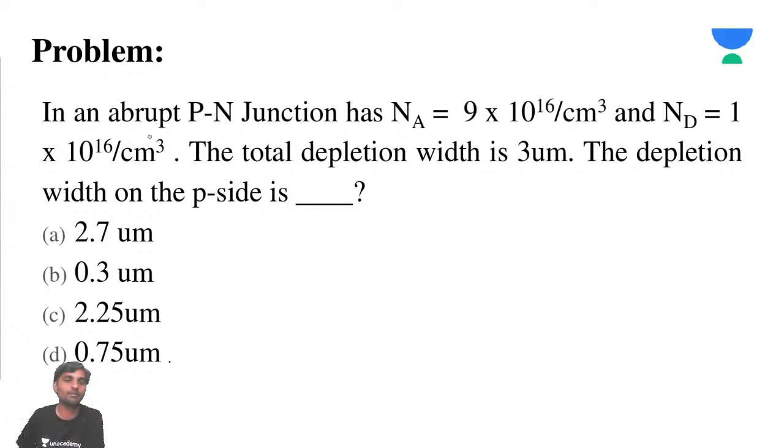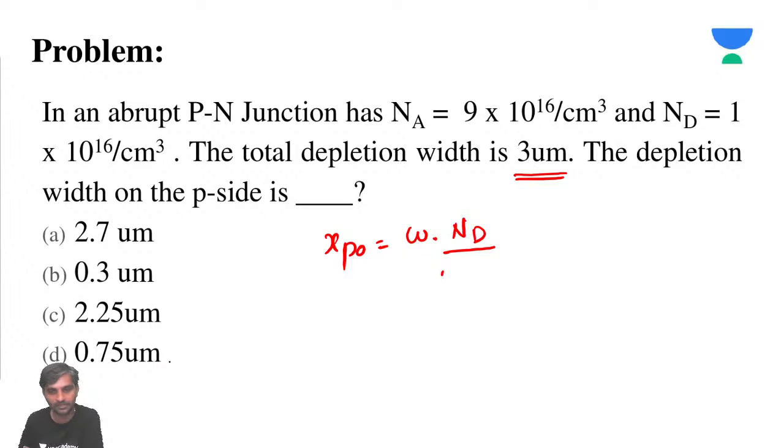In an abrupt PN junction, Na is 9 into 10 to the power 16 per centimeter cube, Nd is equal to 1 into 10 to the power 16. The total depletion width is 3 micrometers. The depletion width of the P side is actually xp naught. W into xp naught is going to be Nd by Na plus Nd.